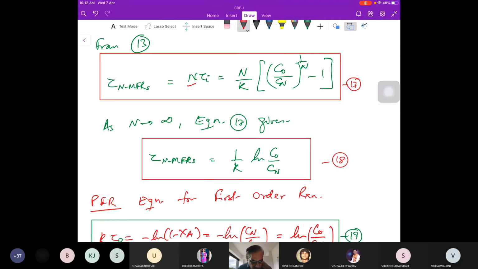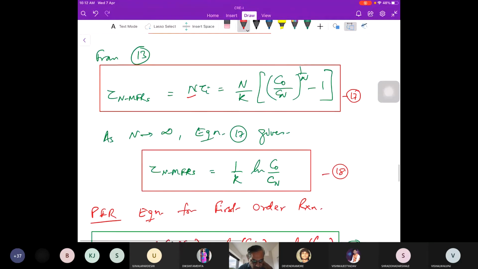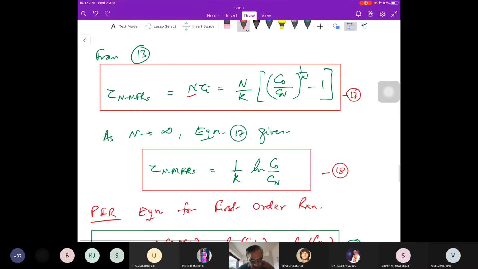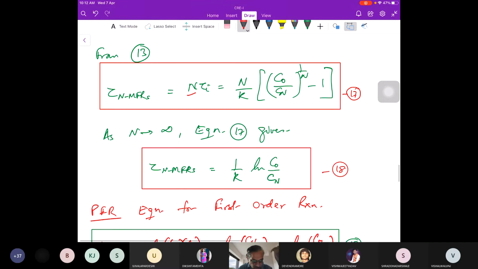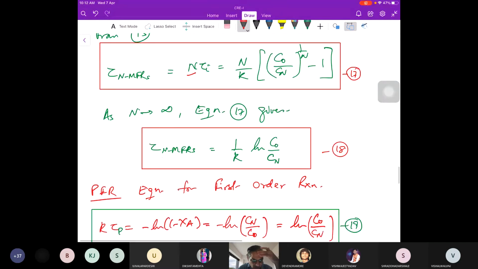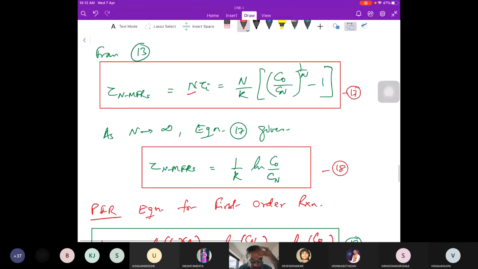That is total mixed flow reactor space time or residence time. Any questions on equation 18? Derivation I don't have it. मैंने देखा but I could not find it. Just assume it is given. थोड़ा lengthy है, थोड़ा complex है.